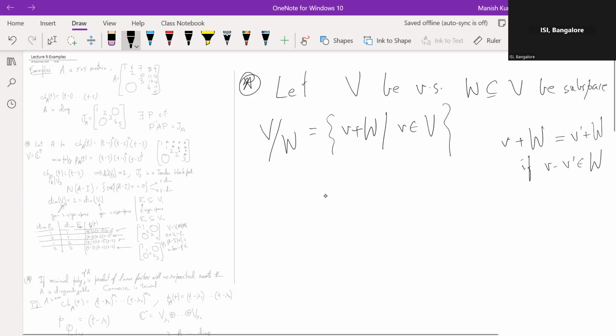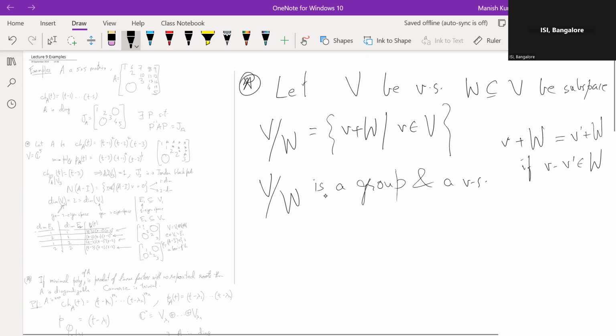So as a set, it looks like this, and then this is a vector space. Yeah, it's a group together, and so V mod W is a group with respect to the usual addition. Yeah, and a vector space as well. So what is the vector space structure? I'll have to tell you how the field acts on it.